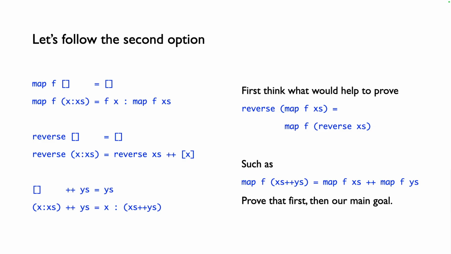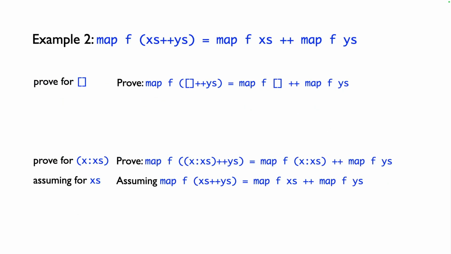And I've just put out the definitions of reverse and map here, and a reminder that reverse uses ++ in its definition. So this is what we should set out to prove, and we'll do that in the next segment.